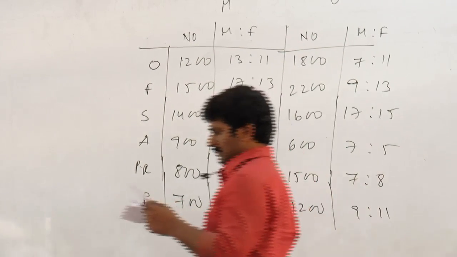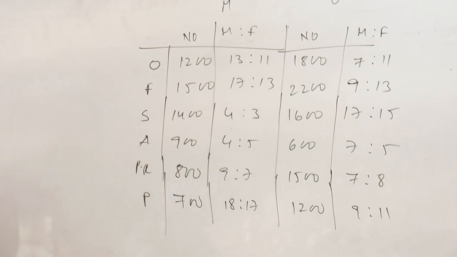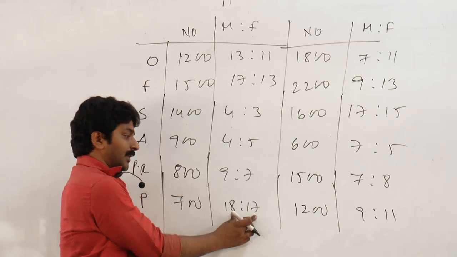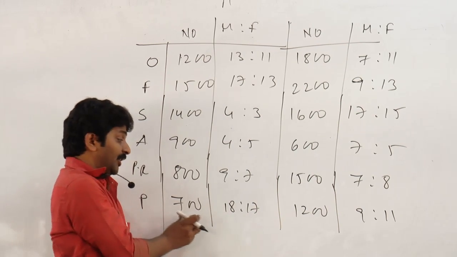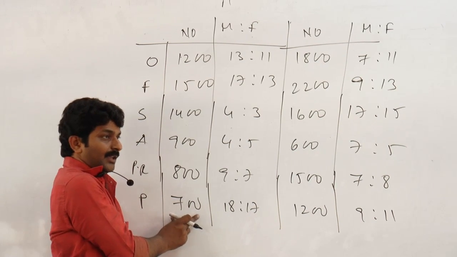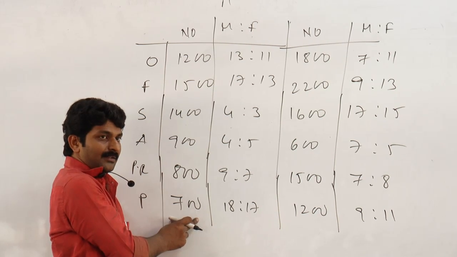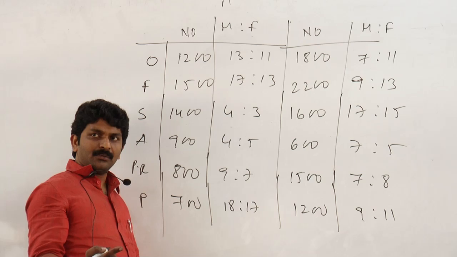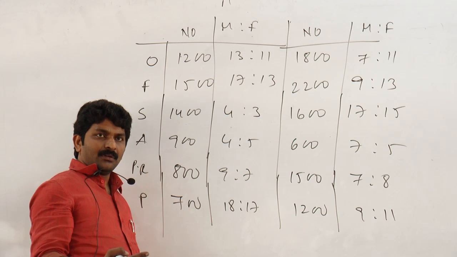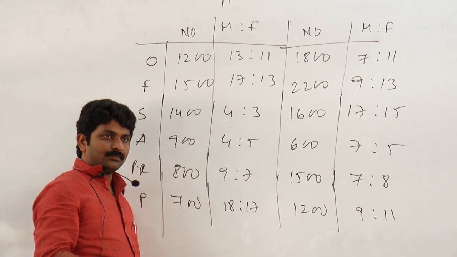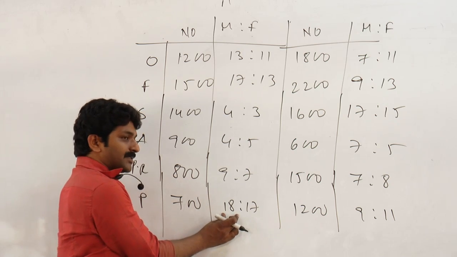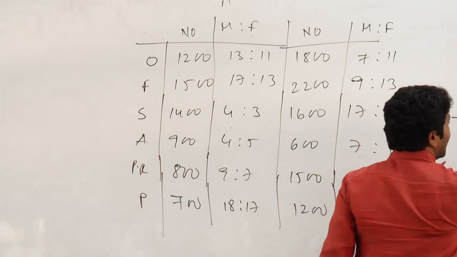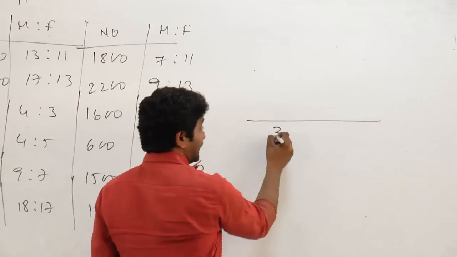Is what percent more? Fine. Total how many parts we have? 35 parts into 20, right? Now you need to calculate percentage of female with respect to male. How many parts male we have? 18. 20 times, 360.